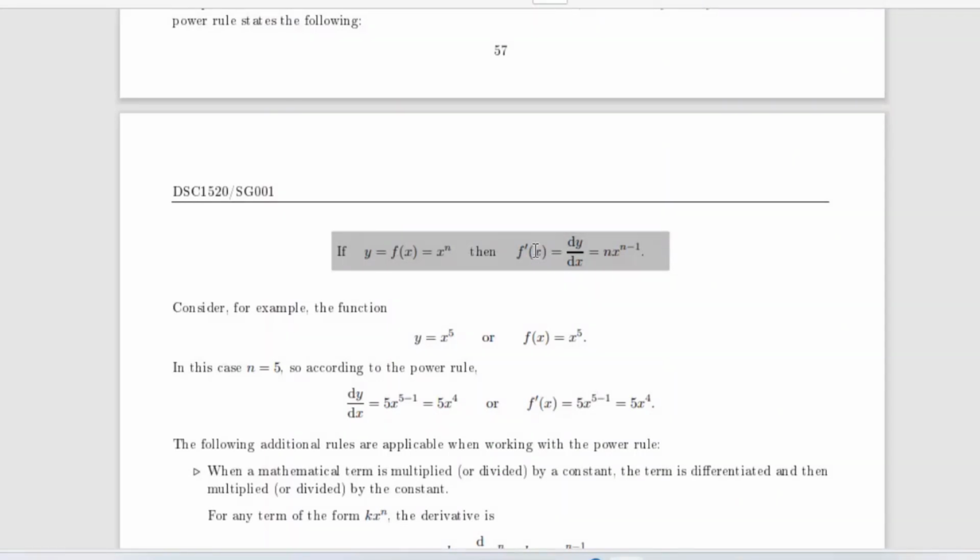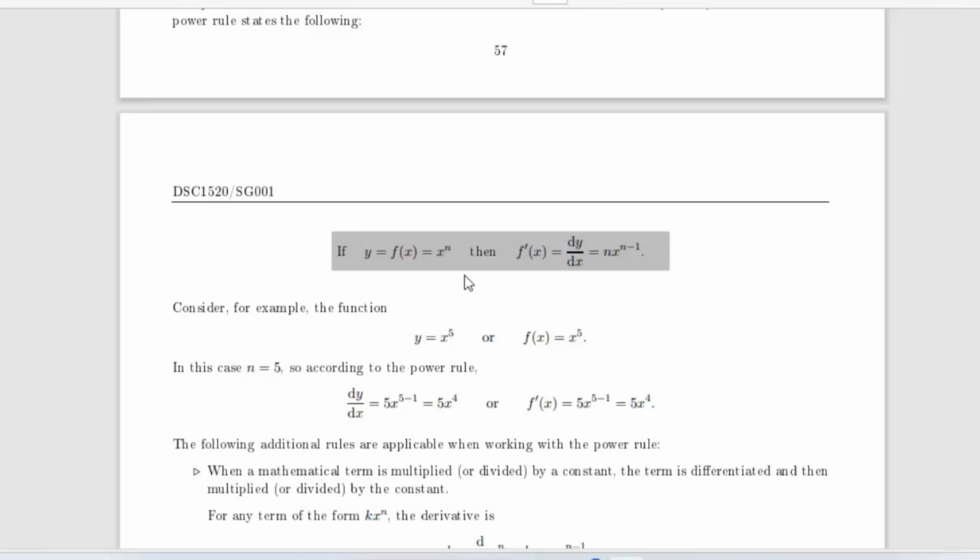If you see f prime of x or you see dy by dx, it means the same. This f prime of x means the derivative of f with respect to x. Dy over dx means y is being differentiated with respect to x.